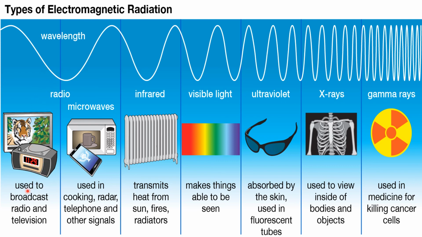Radio waves are used to broadcast radio and television. Microwaves are used in cooking, radar, telephone, and other signals. Infrared rays are used to transmit heat from the sun, fires, radiators. Okay, and this is the portion in the electromagnetic spectrum called visible light, which helps us to see things.